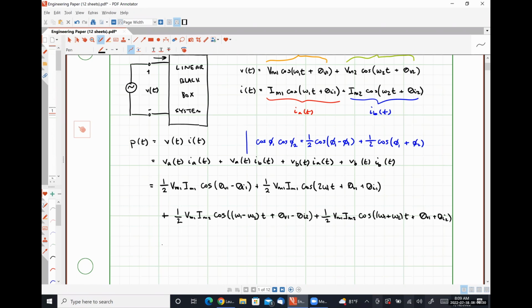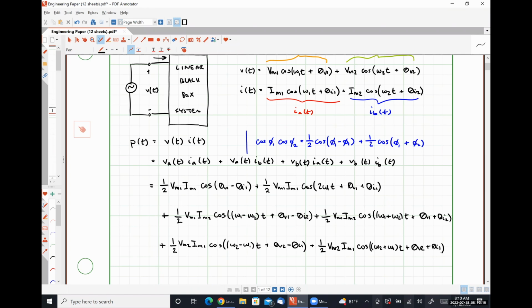So that's going to be 1/2 VM2 IM1 cosine omega 2 minus omega 1 t plus theta V2 minus theta I1 plus 1/2 VM2 IM1 cosine omega 2 plus omega 1 t plus theta V2 plus theta I1.